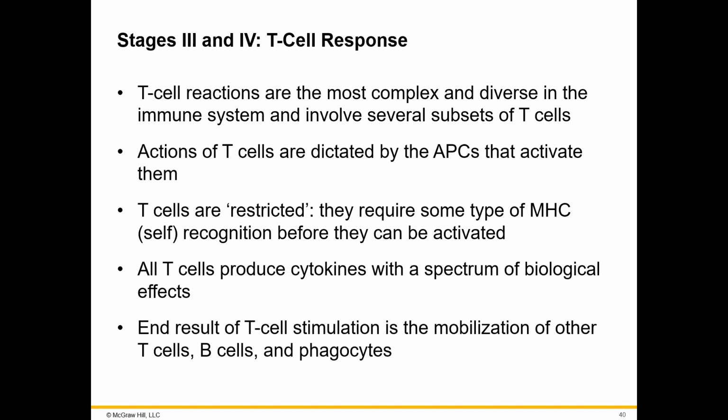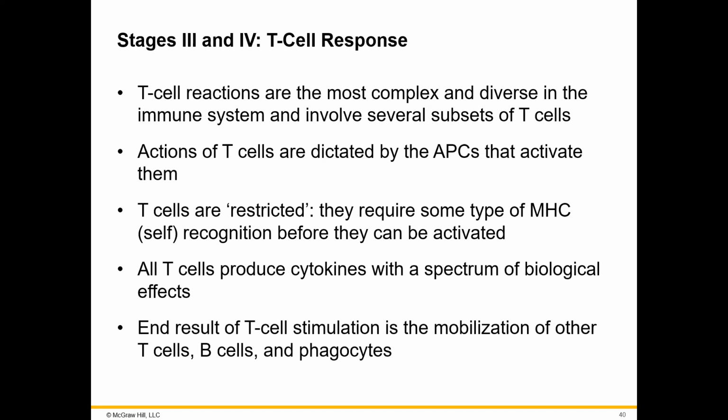This recognition is provided by the major histocompatibility complex molecule on the antigen-presenting cell. The foreign antigen is complexed with the self MHC molecule, and that is the signal that the T cell needs.